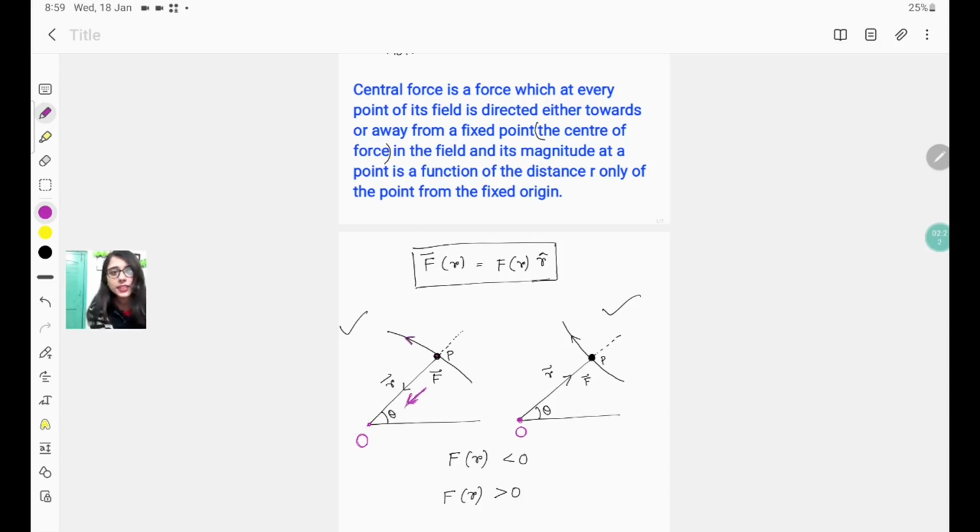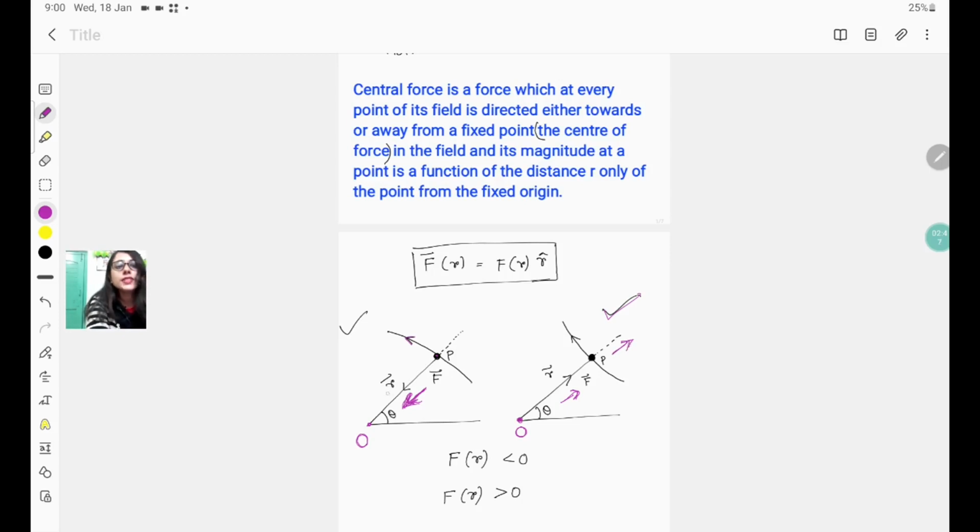And in the second picture, the force F is acting away from the fixed point. Why away? Because this force is acting in this way. It is not acting towards the origin. No, this is acting away from the origin.